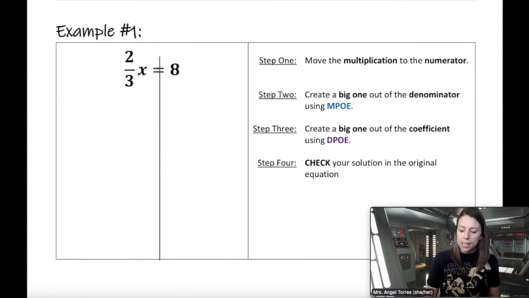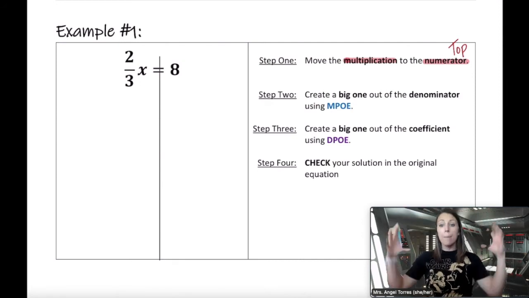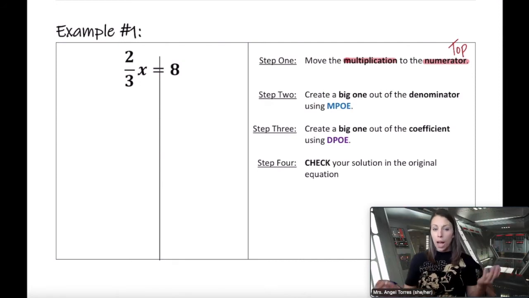Step 1 is to move the multiplication into the numerator. And just as a reminder, the numerator is the top number in a fraction. So we're essentially going to take 2/3 times x and change it into multiplication in the top, division in the bottom. Well, how do we do that?